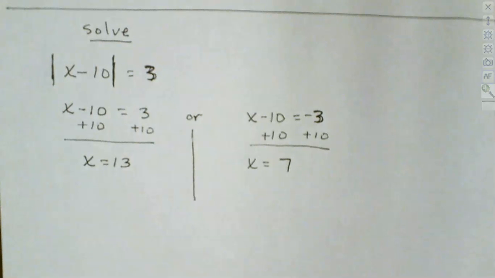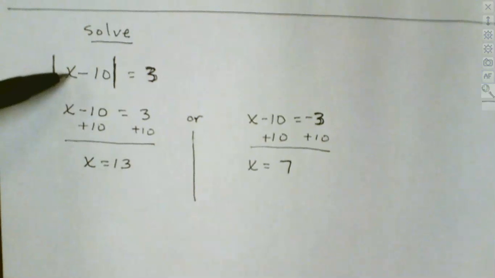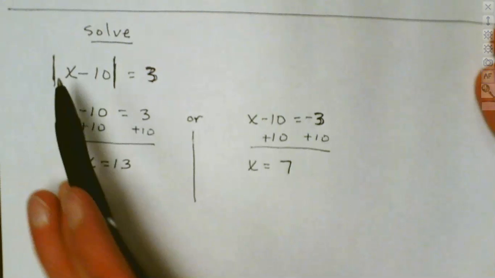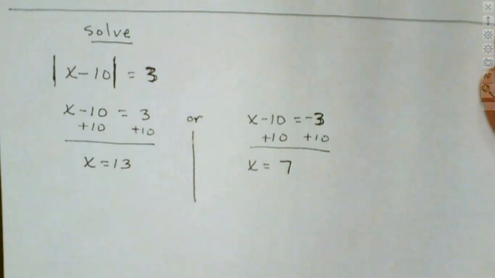Let's check them and see if they work. First one, 13 minus 10. What's 13 minus 10? 13 minus 10 is a what? 3. What's the absolute value of 3? 3. It works. The second one, 7 minus 10. Well, 7 minus 10, that's a minus 3. What's the absolute value of a minus 3? It is also what? 3.